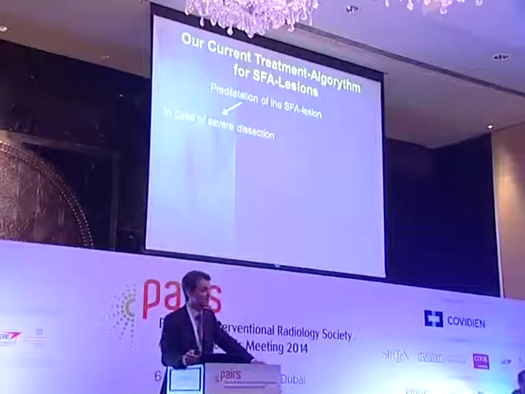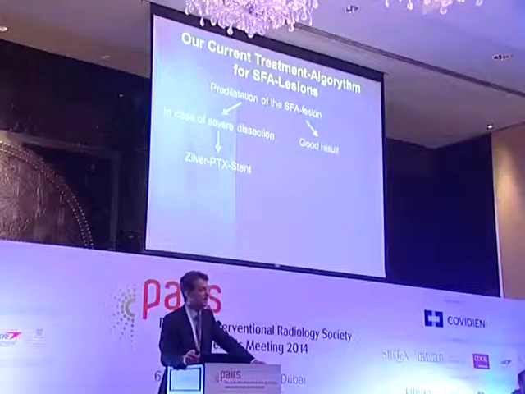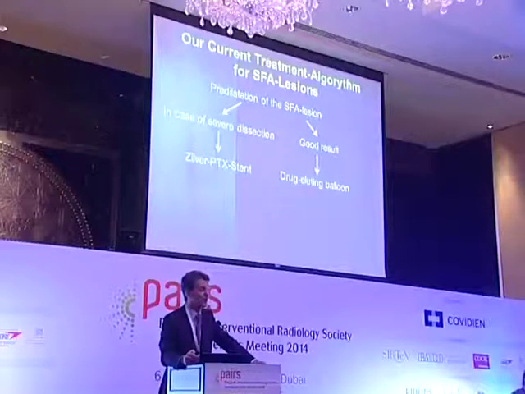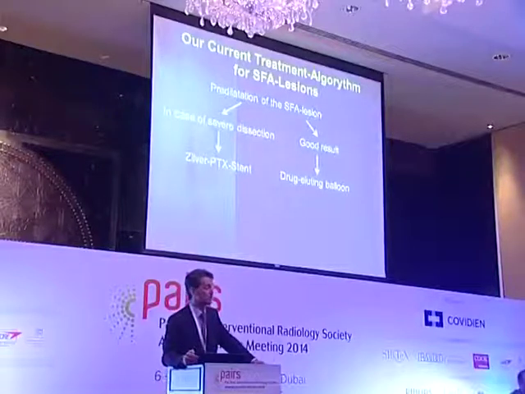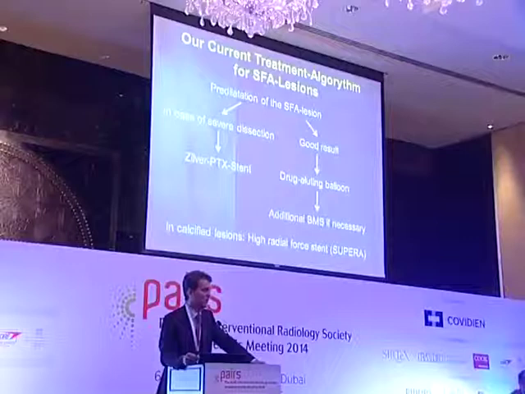If we have a severe dissection, for example, we go directly for the implantation of a drug-eluting Silver PTX stent. If we have good results after predilation, we go for a drug-eluting balloon. If we then have residual stenosis or dissection, we add a bare metal stent on top of this. But if we have a very calcified lesion, then we directly go for a high radial force stent like the Supera stent. Thank you very much.